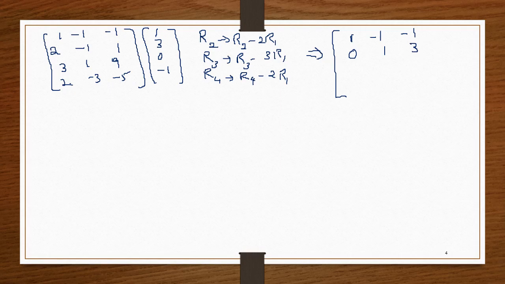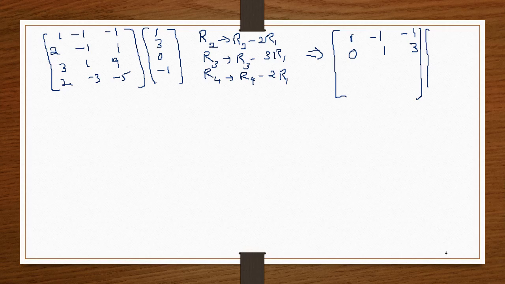After doing this operation, the matrix is 1 -1 -1 1, then 0 1 3 1. The second row is 2 minus 2 times 1, so 2 minus 2 is 0. Then -1 minus of -2 gives 2 minus 1, so we get 1. The third element is 1 minus of -2, so it is 1 plus 2, and that's why we get 3.